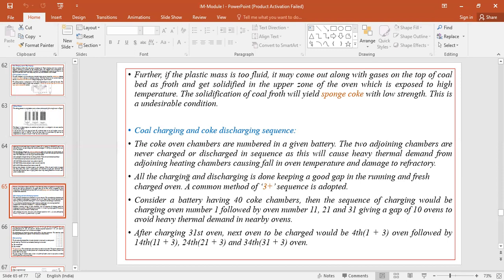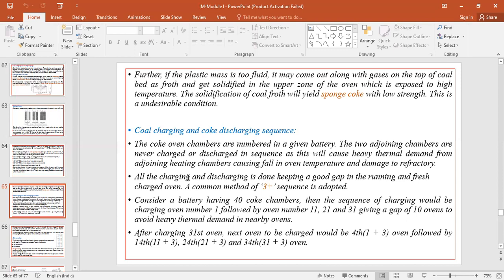Means any two adjacent chambers, you should not do charging or discharging, because opening the doors of any two adjacent ovens will cause a heavy thermal demand. There's a huge loss in temperature, and that will certainly lead to thermal shocks, and it will damage the refractories present inside the oven.